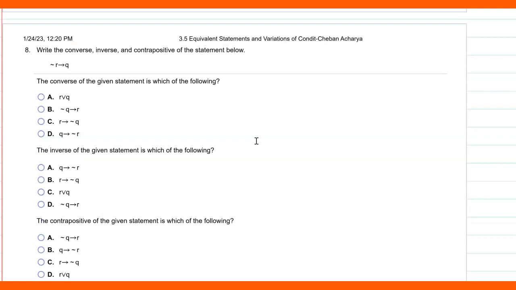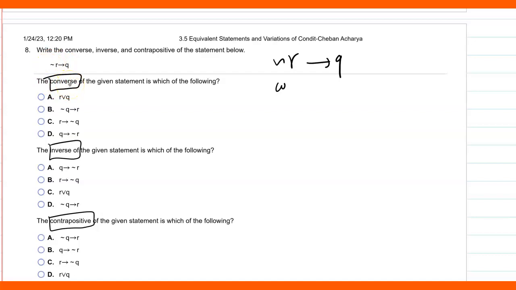Question number 8. Write the converse, inverse, and contrapositive of the statement. The statement is not R, right arrow not Q. For the converse, what are you going to do? Just switch the order.